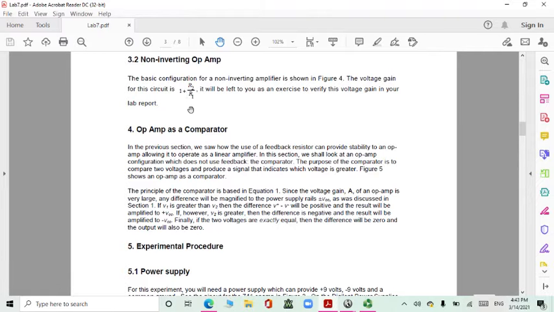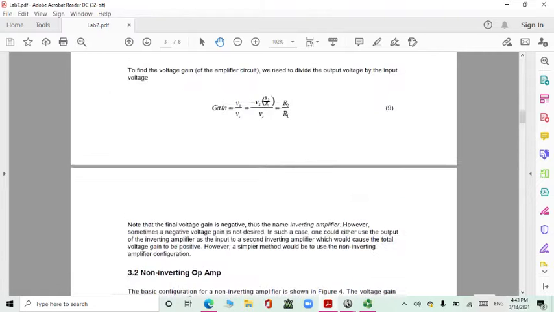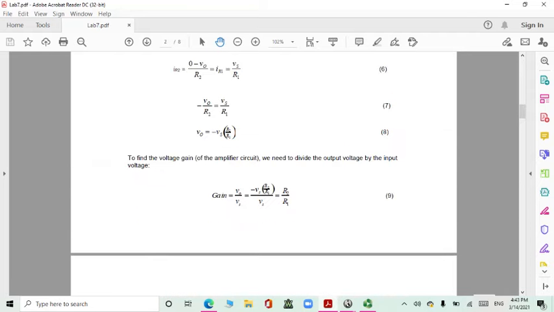When we say inverting op-amp, this means there is a phase shift of 180 degrees between the input and the output. For non-inverting op-amp, there will be no phase shift.